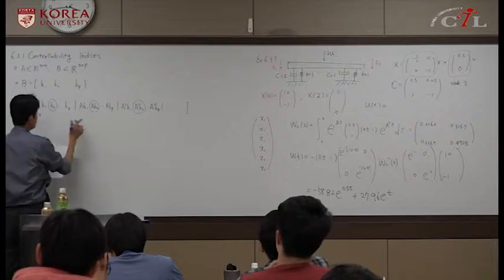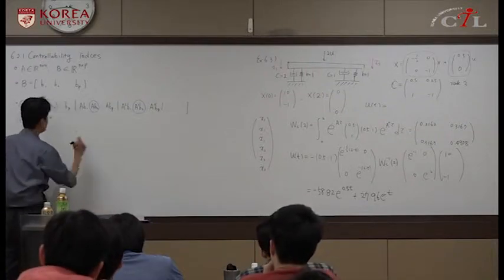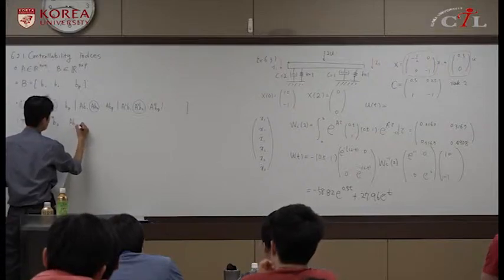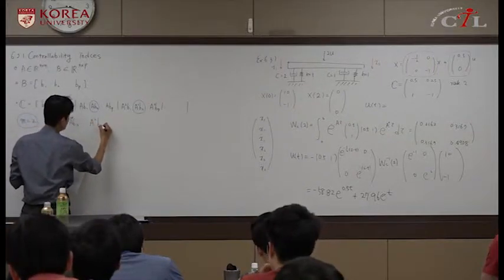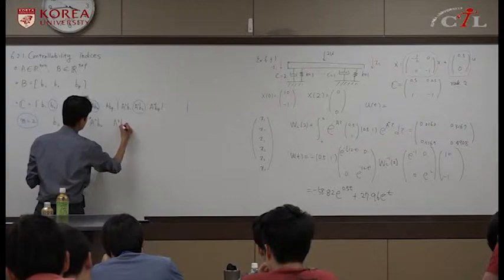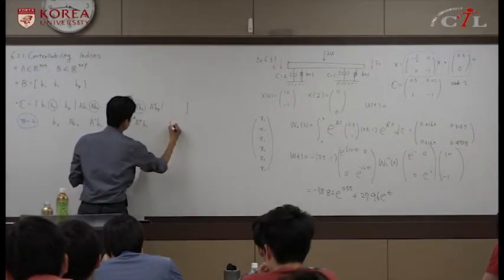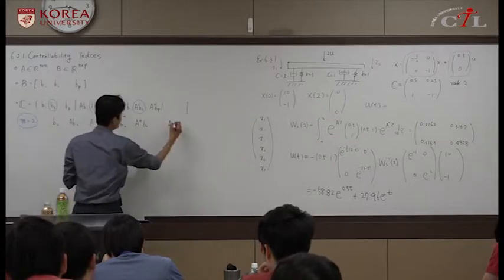So we took B2, and we need to write all the B2 terms: B2, A B2, A squared B2, A cubed B2, and so on up to A^(n-1) B2.